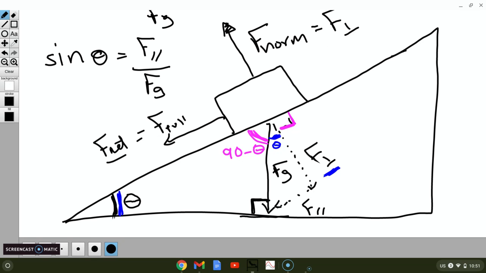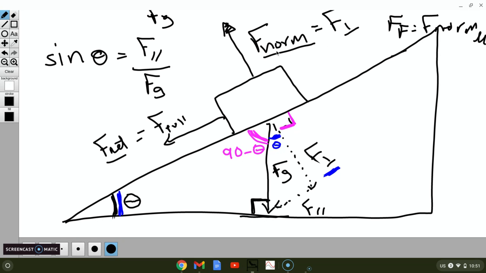Now, there is going to be friction in these problems at some point, and that is why being able to calculate F norm is so important, because as you know, the equation for friction is FF equals F norm times mu.